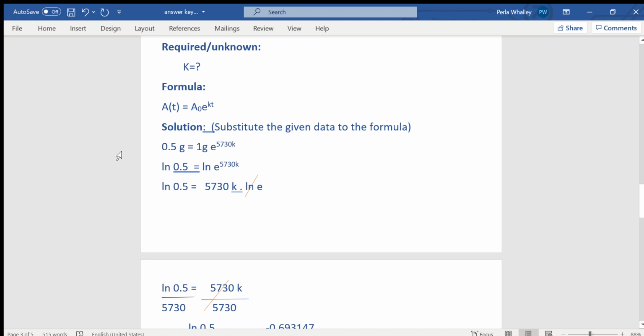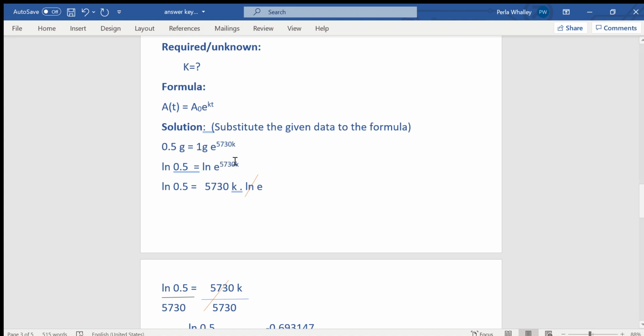Now, to solve this, we need to put this exponent here in front of ln e. We apply the power rule of logarithm. Take the exponent and write it as a product of ln e.